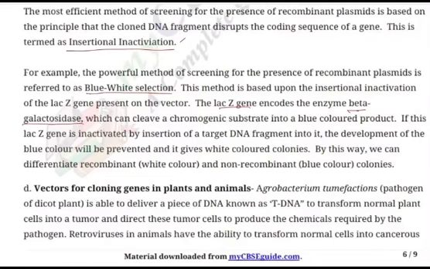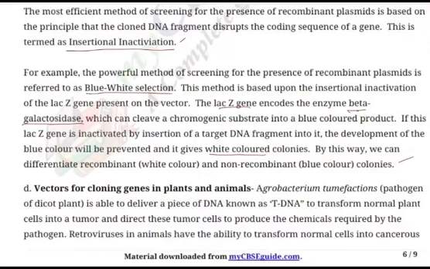If this lacZ gene is inactivated by insertion of the target DNA fragment into it, the development of blue color will be prevented and it gives white colored colonies. By this way, we can differentiate recombinant white colonies and non-recombinant colonies.